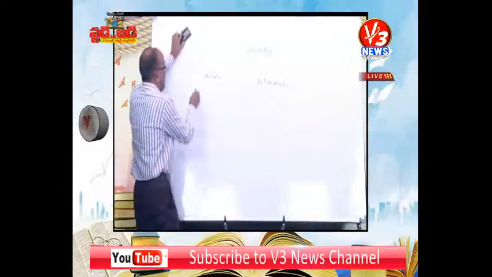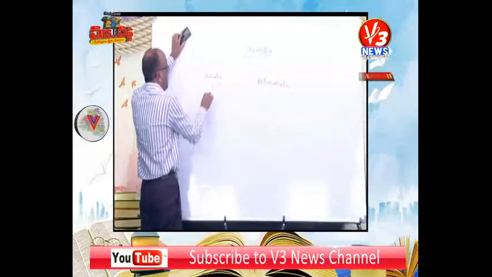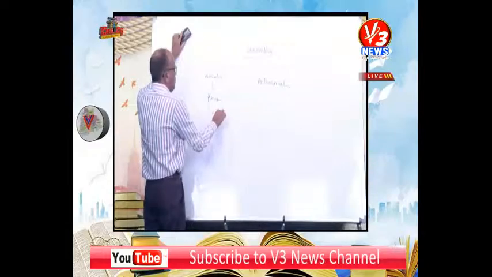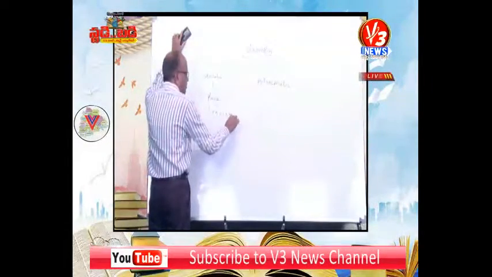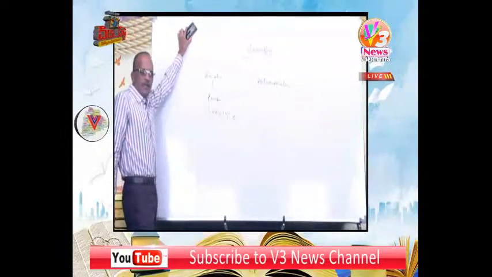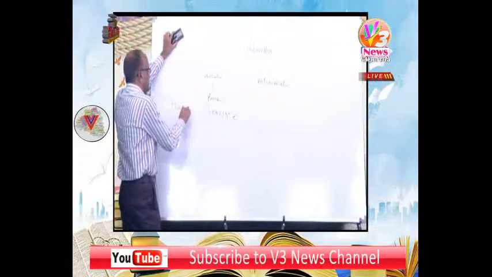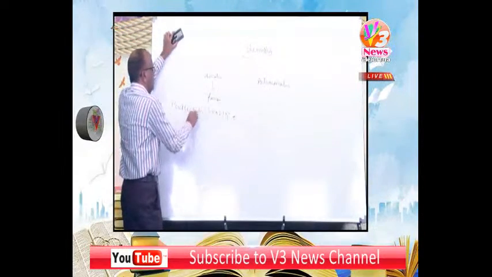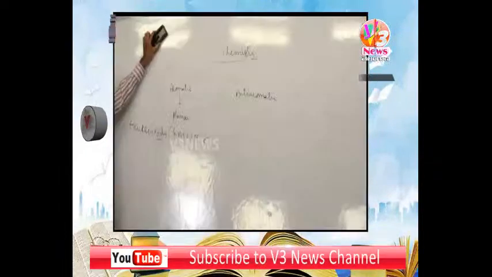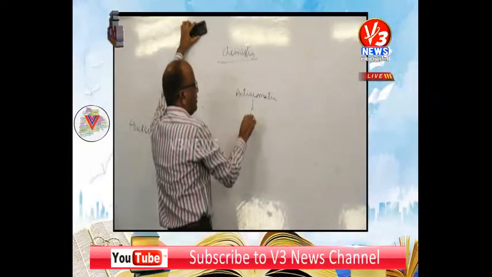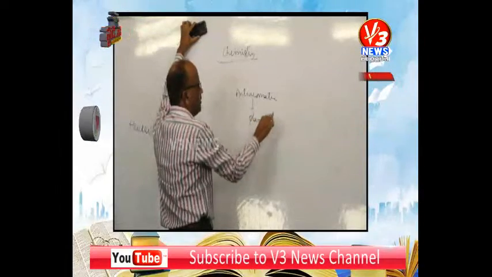Already you know that these compounds should be planar and they have to follow Huckel's rule. What is Huckel's rule? Presence of 4n plus 2 pi electrons is called Huckel's rule. Then anti-aromatic compounds are also planar compounds.